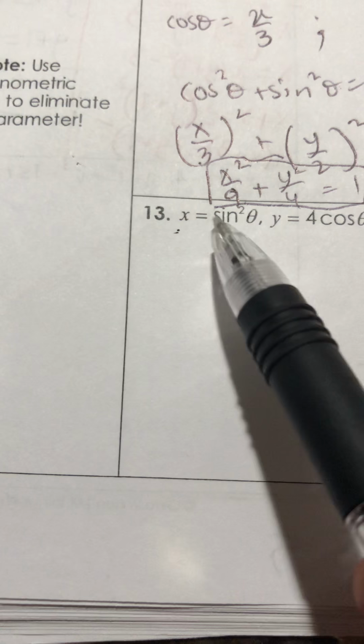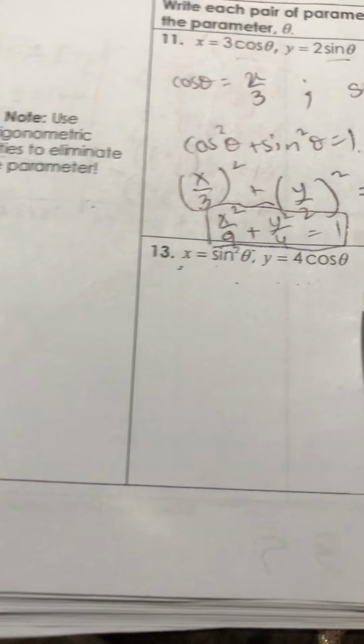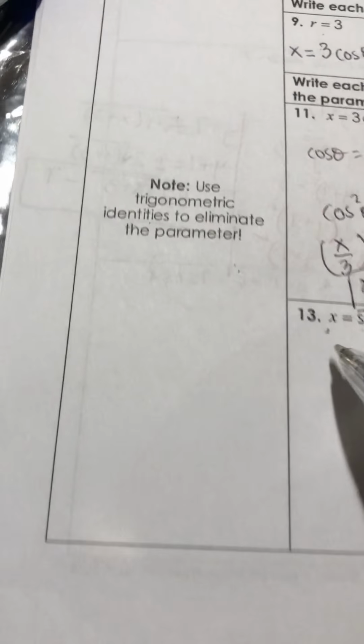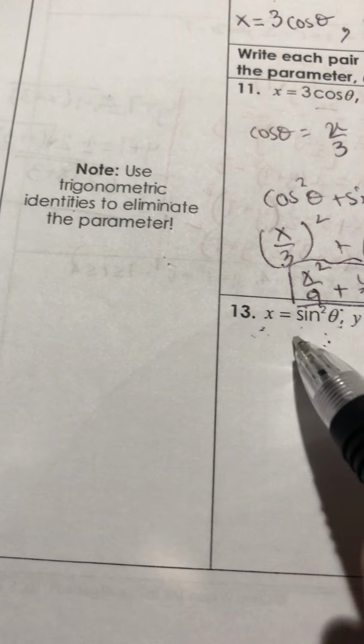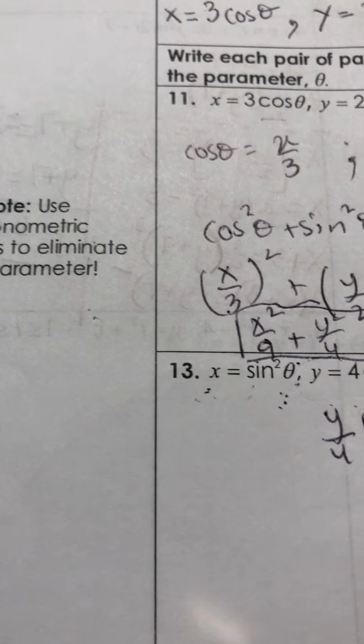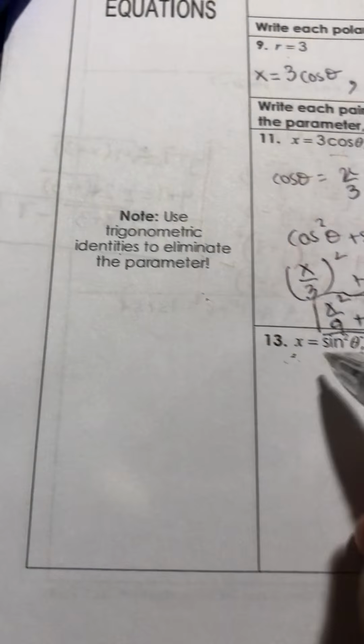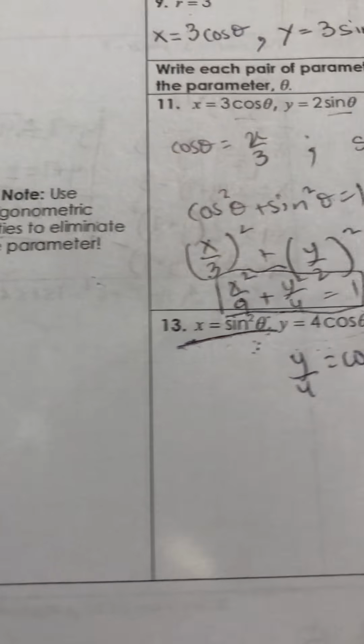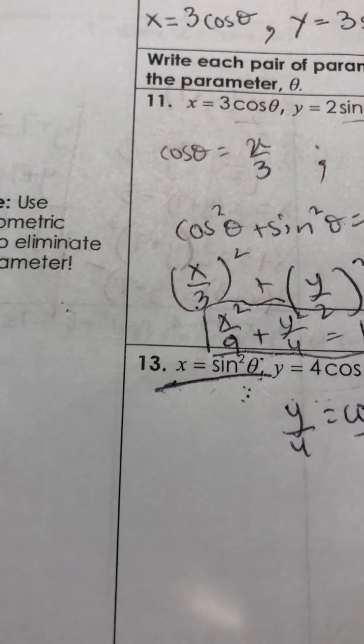Now here I have x equals sine squared theta, y equals 4 cos theta. I'm going to isolate. This is already there, x equals sine squared, but I have to isolate cos here, so I'm going to do y over 4 equals cos theta. So now I have to look for an identity in which I should have sine squared and cos squared, so I can combine them together.